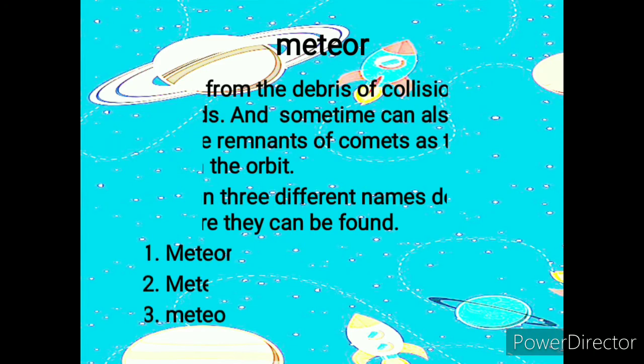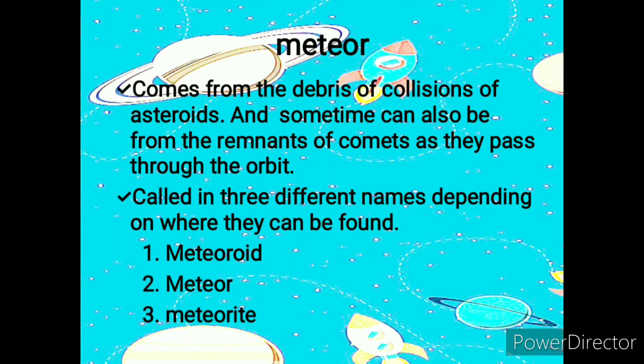Let's talk now about the meteor, and how it is different from materials from outer space. Well, actually, we call it meteor because it has been able to reach the Earth's atmosphere. But once it's still outside the Earth, it is called meteoroid.